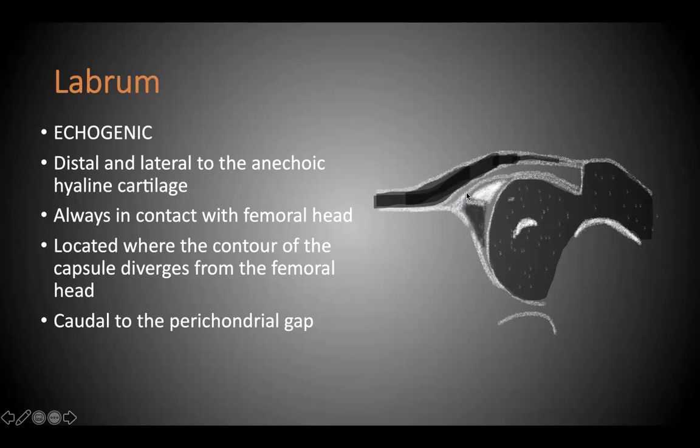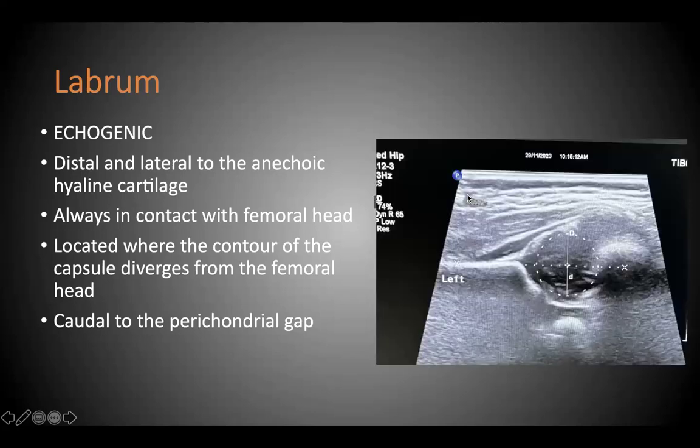In between the two, there is a small radiolucent area, which is called the perichondrial gap. Distally there is capsule which is bright, proximally there is capsule also which is bright, and in between is this black area, the perichondrial gap. Caudal to the perichondrial gap, this triangular structure is the labrum, and this anechoic area here is the perichondrial gap.